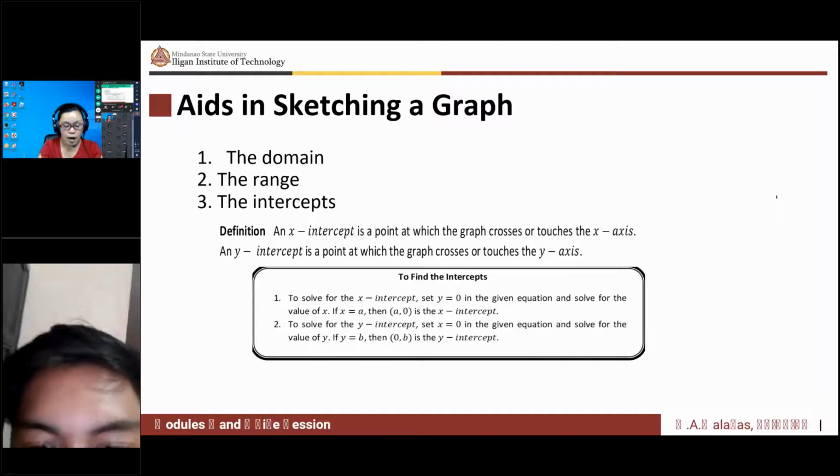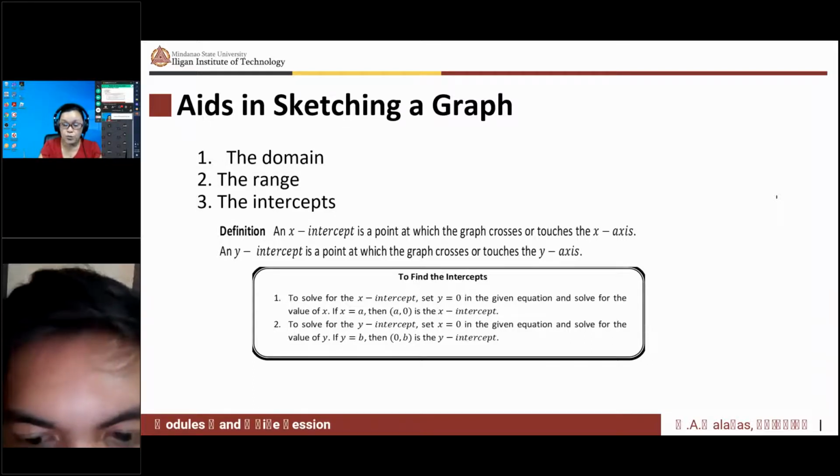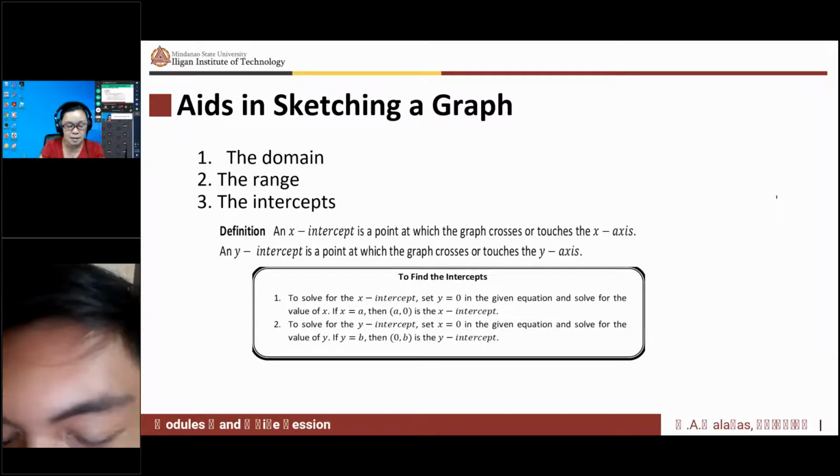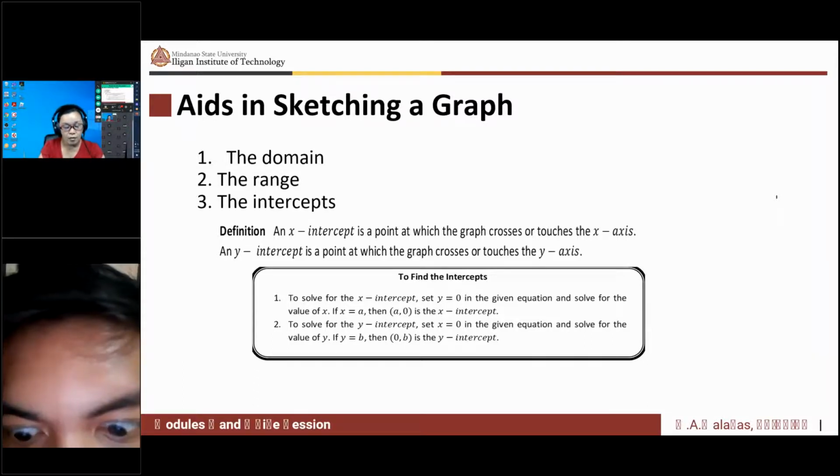So how do we sketch the graph? Of course, we need to look at some information that are aids in graphing. First, we need to know the domain, which values in R will have pairs in R as well.